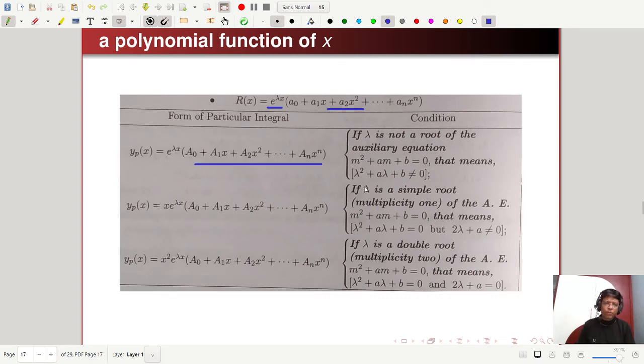This is the first one. Next, if lambda is a simple root of the auxiliary equation, in that case your yp will be x times the previous yp, so x times e to the power lambda x times the polynomial.